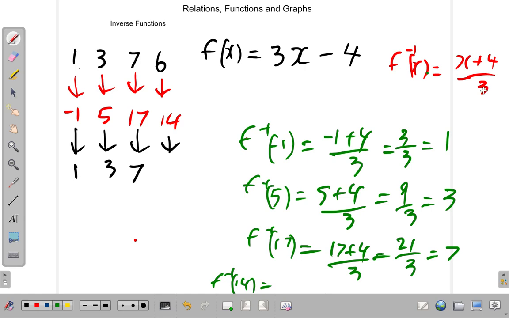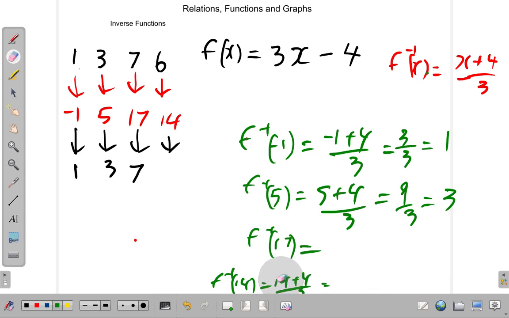X plus 4 divided by 3 becomes 14 plus 4 divided by 3. Kind of running out of space here. What is 14 plus 4? 14 plus 4 is 18, divided by 3. 18 divided by 3 is 6. So out comes 6.